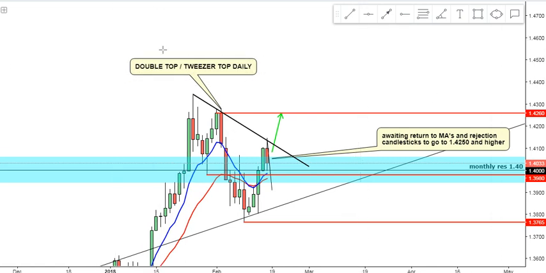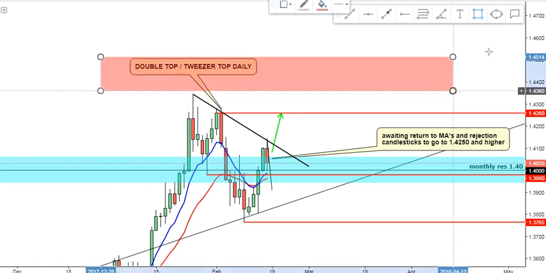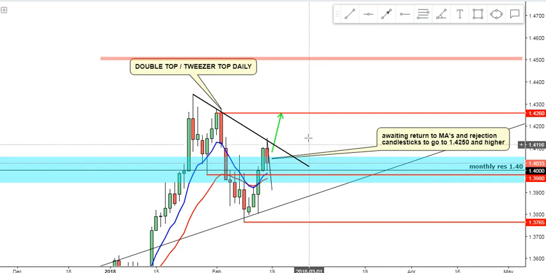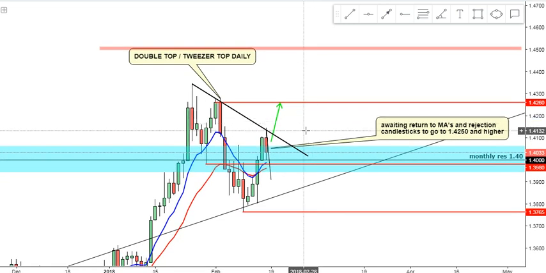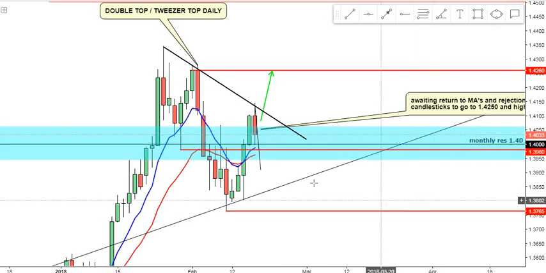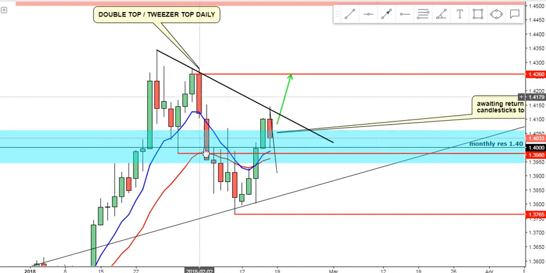I believe 1.45 is the new target if we break this counter trend line on the daily. So I plotted my daily highs and daily lows. We're in a symmetrical triangle, so between this trend line, the thin one, and the thick one, we're just rallying, and then it's going to pop up to this 1.45.